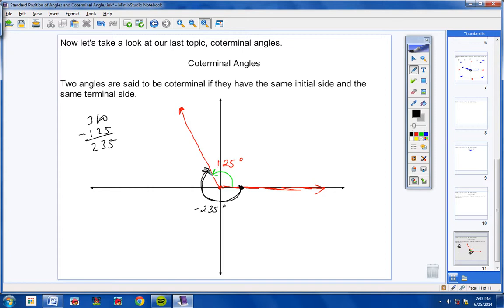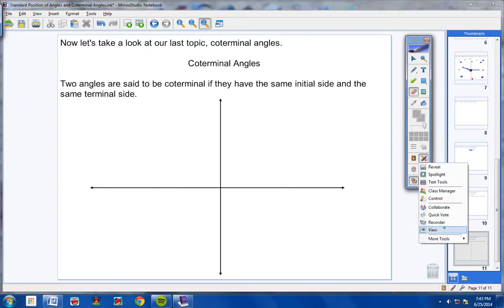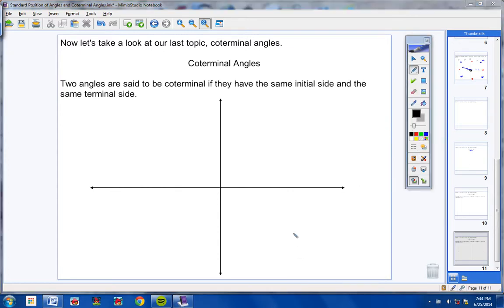Okay, let's take a look at one more problem. Okay, I would like you to find a positive and a negative coterminal angle for negative 3 pi over 4. Okay, so the angle would look like this. Don't forget, when we go from here to here, that's a half a pi.